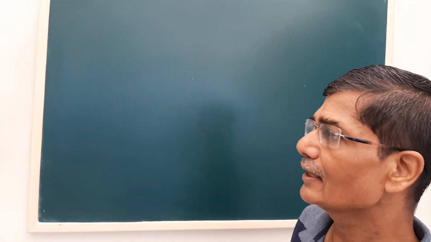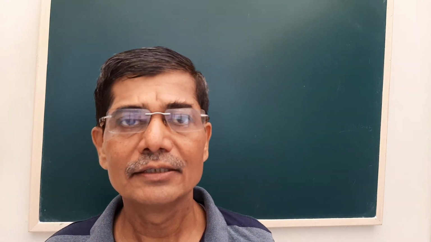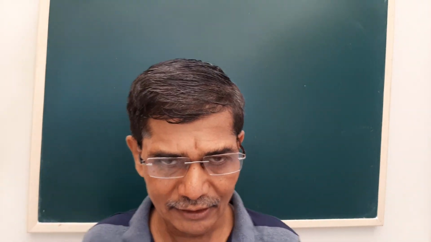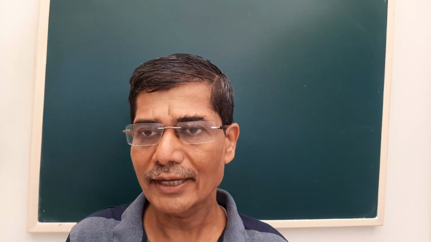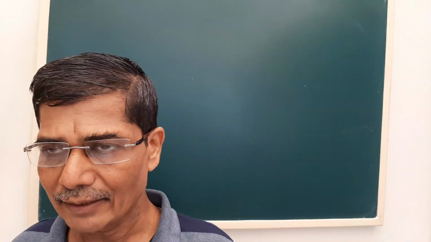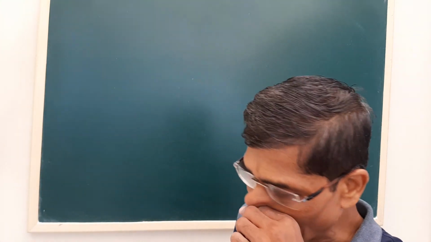And the analytical solution of the LCR series circuit. Now this is a little bit complicated, but you have to take care. Both are important questions. The first one can be asked in 3 marks, and this one can be asked in a 4-mark question. Very important for this lesson.